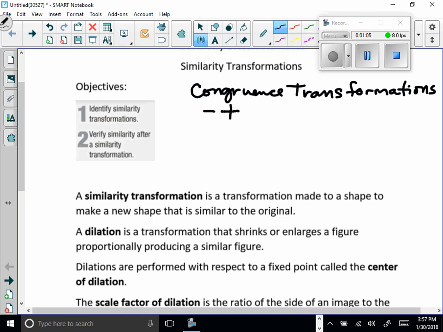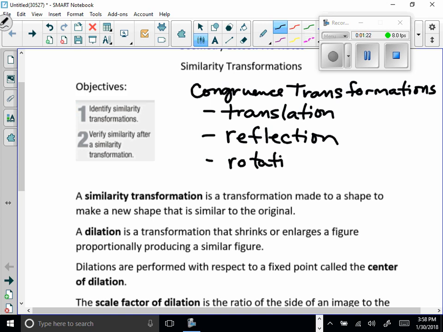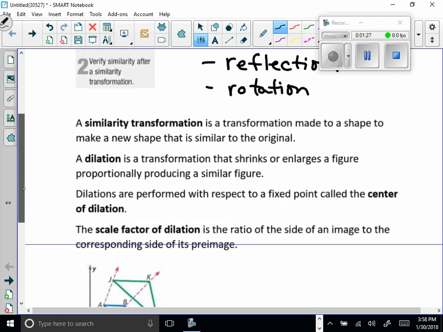Those were translations, which move a figure left to right, up and down. Then we have reflection, where we flip something over the X or Y axis. And then rotation, where we turn it. In all cases, the figure stayed the same shape and size.